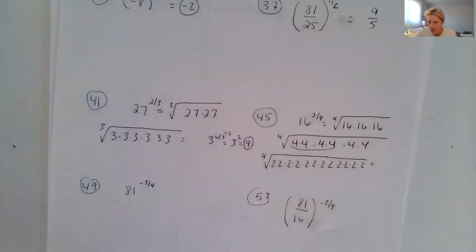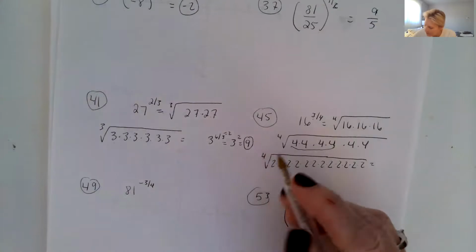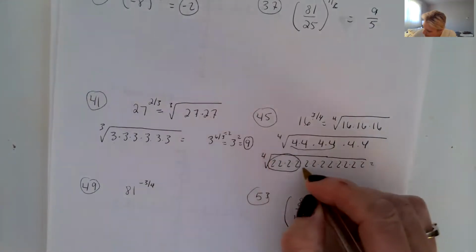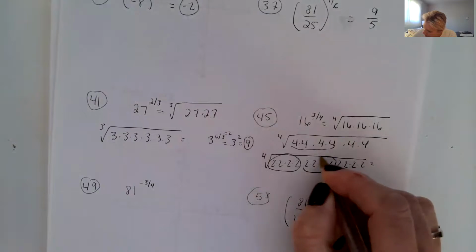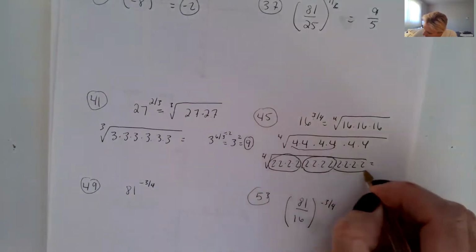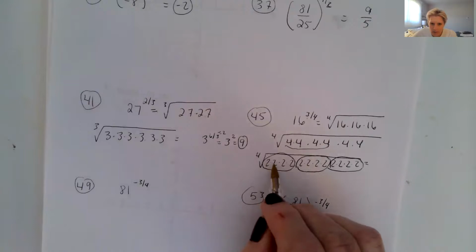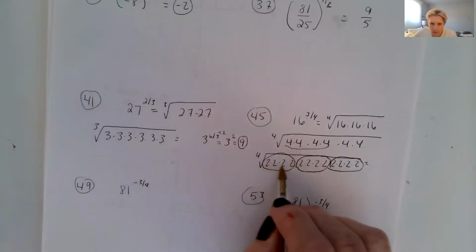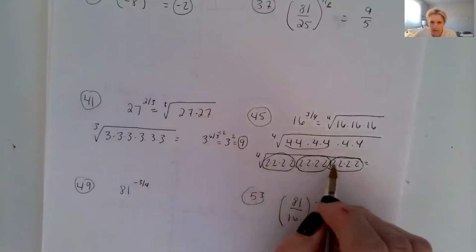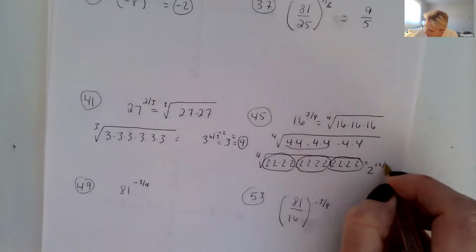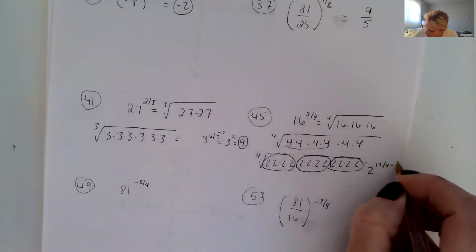And let's circle the groups of 4 because it's the 4th root. So 1, 2, 3, there's one group of 4 2s. There's another group of 4 2s. Yes, I got 3 groups of 4 2s. So there's 1, 2, 3, 4, 5, 6, 7, 8, 9, 10, 11, 12. So this is really 2 to the 12 divided by 4 equals 3.